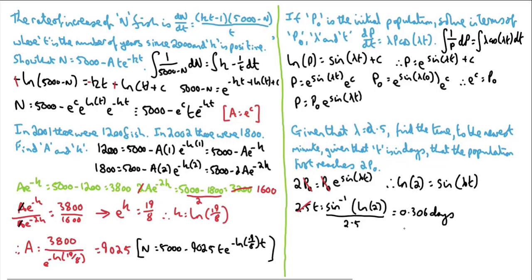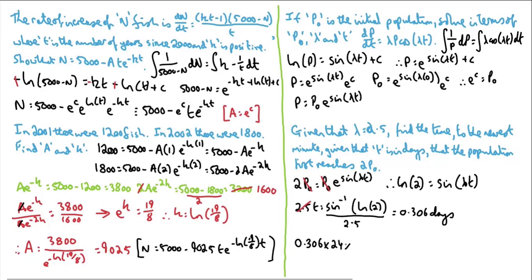Also remember, when you've done that, as I said before, this topic only works in radians. So you want to make sure that when you did your inverse sin here, you were still in the radians function. Now we come to that final little step of turning these days into minutes to the nearest minute. To turn days into minutes, you can first of all turn it into hours by timesing it by 24.